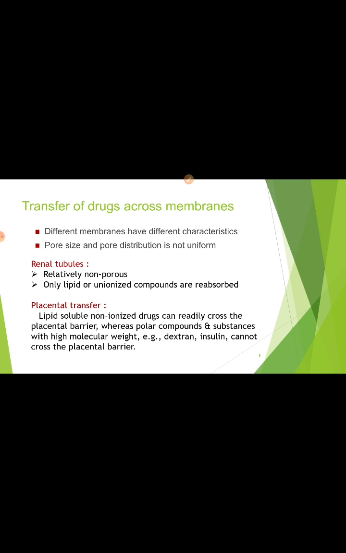For example, renal tubules, placental transfer. About the placental transfer, you must be knowing that there is a placental barrier. So only lipid soluble non-ionized drugs can readily cross the placental barrier. Whereas polar compounds, that is substances with high molecular weight, for example insulin, dextran, they cannot cross the placental barrier.